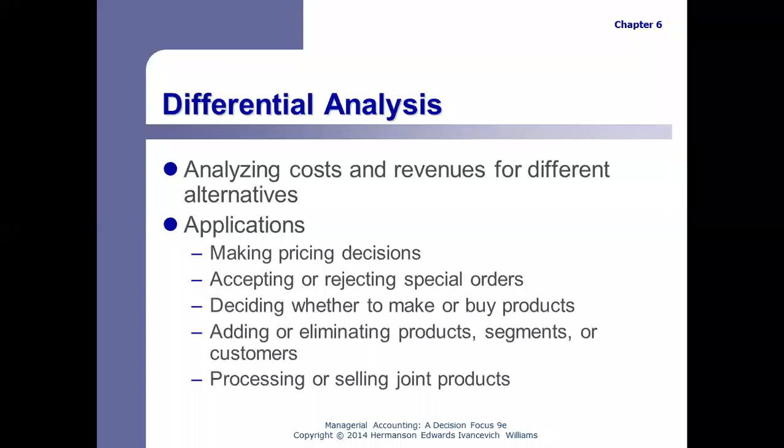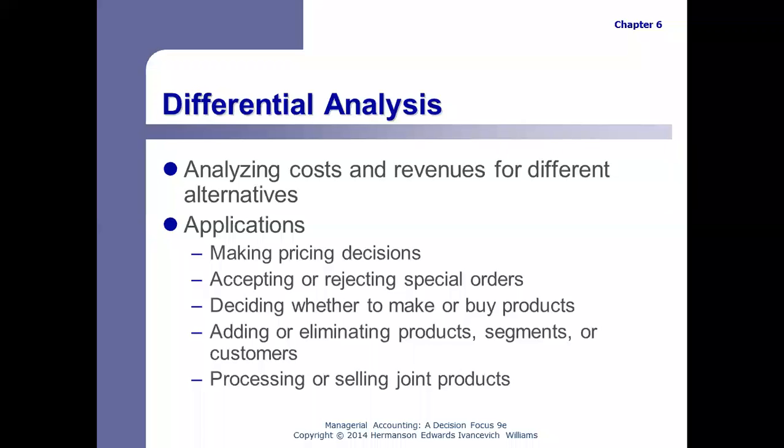In this type of analysis, we only look at the differences. So what are the differences that occur by choosing one alternative over another? We're not looking at the total costs, for example. We're just looking at the differential, how much more cost there will be, not how much total cost there's going to be.